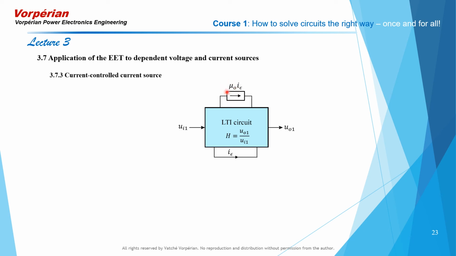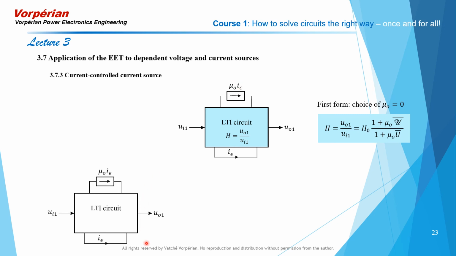Either you set mu 0 equal to 0, or you set mu 0 equal to infinity. Let us go with our first choice, mu 0 equal to 0, and this is the form of the extra element theorem, where h0 is the transfer function which we compute setting first the value of mu 0 equal to 0. And we show that on this block diagram here.